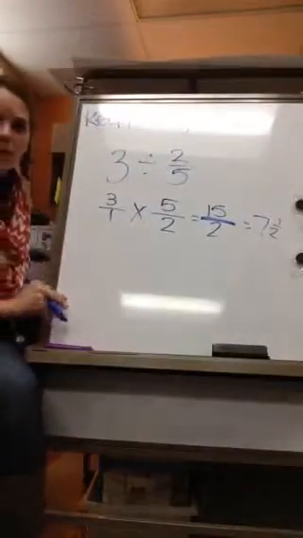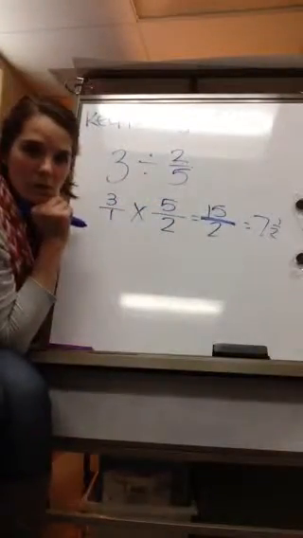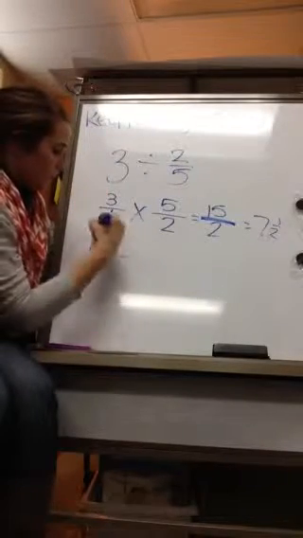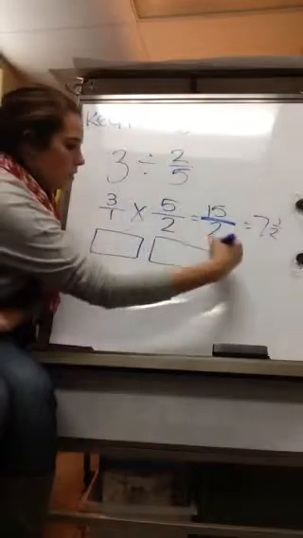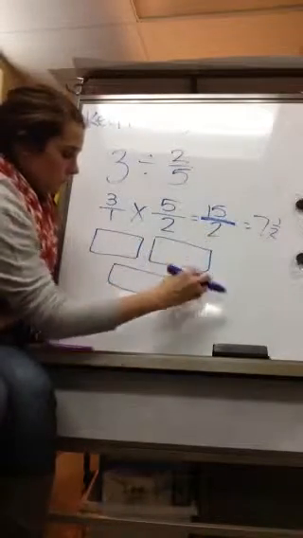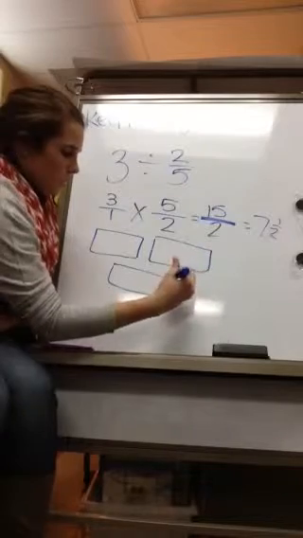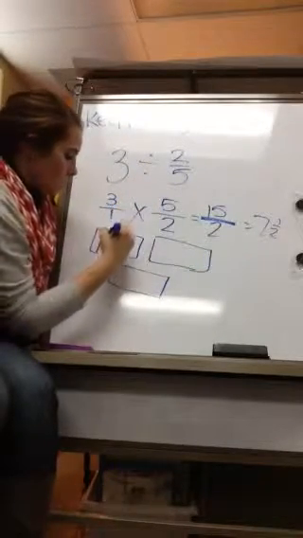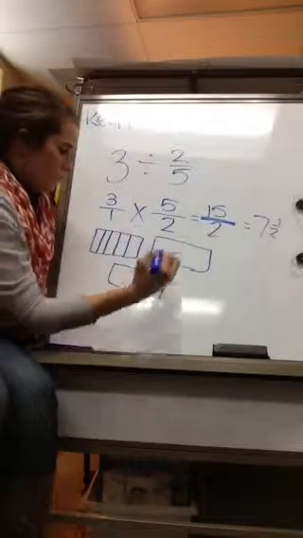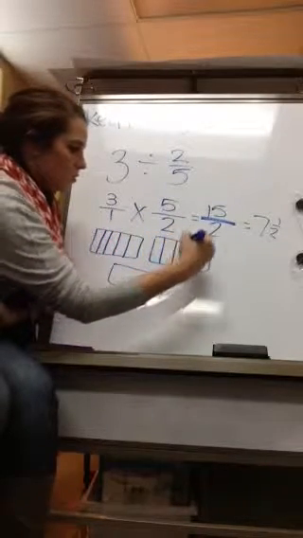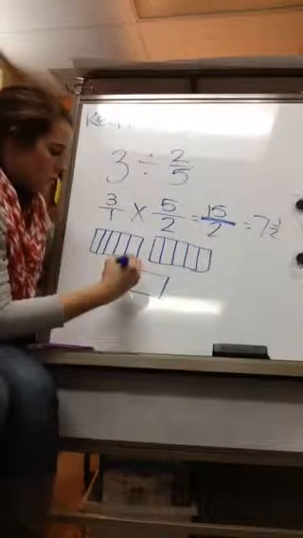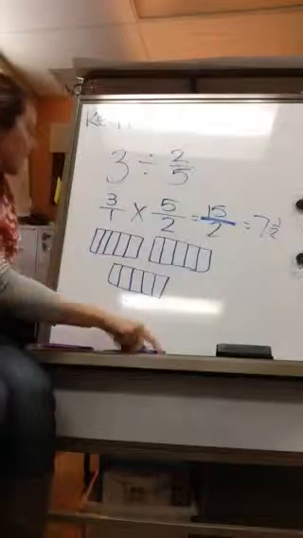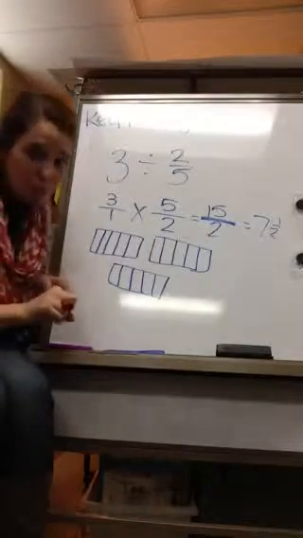Let's double check that one with a picture, because this is the first one that we've gotten that isn't a whole number as an answer. So let's see, I started with 3. Let's do rectangles or something. 1, 2, 3. I need to split them into fifths. So 1, 2, 3, 4, 5, for each one. Pretend they're all the same size. So I split them into fifths. Now we're looking for groups of 2/5.